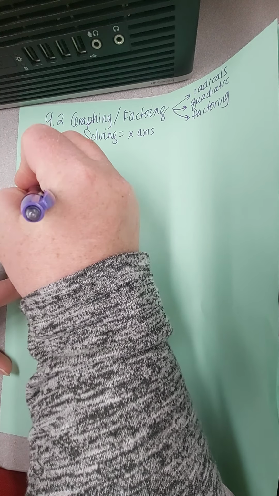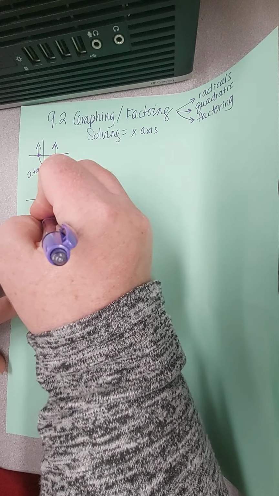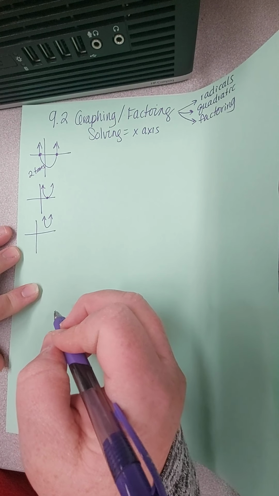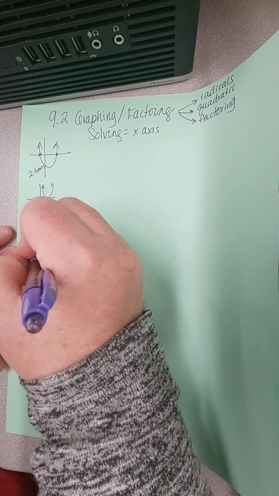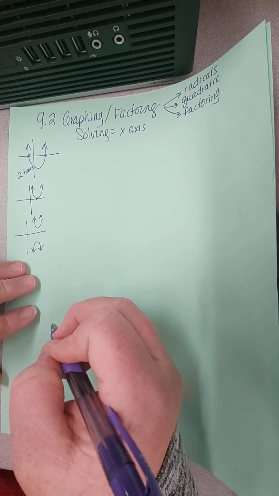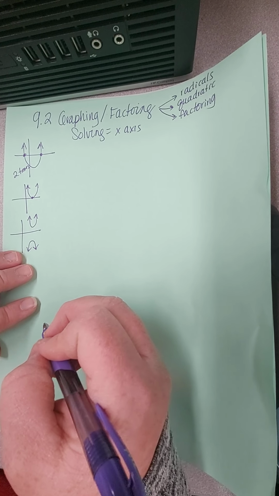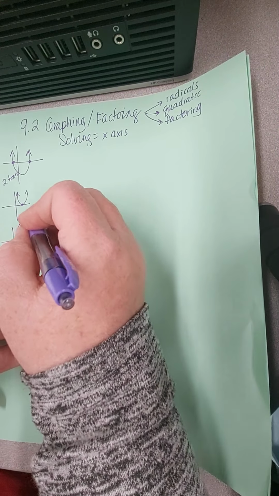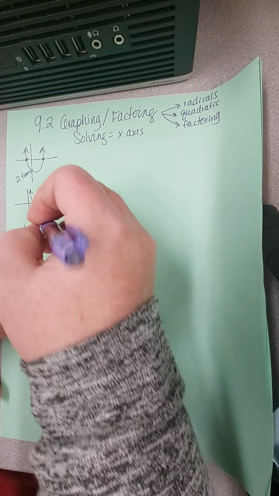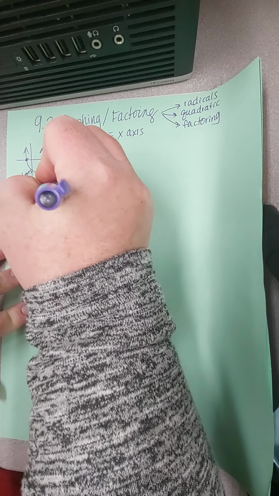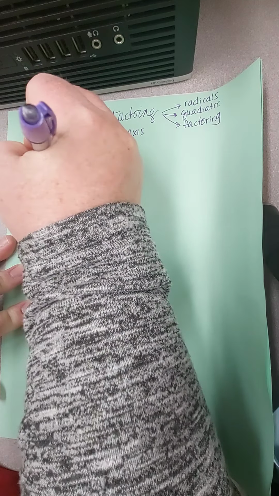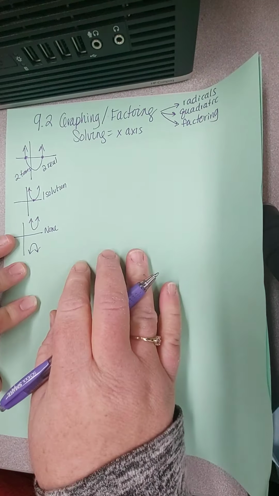Could I be a parabola and not cross the x-axis at all? Absolutely, if I hang out above or if I hang out below. Okay, so we're going to talk about how you can get no real solutions. So there would be none here. There would be 1 solution, or there would be 2 real solutions.